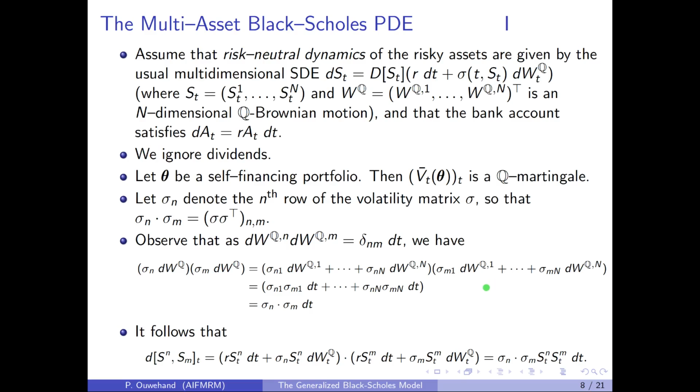It is then easy to see that what we obtain is just the dot product of sigma_n with sigma_m, in other words, the nm component of sigma times sigma transpose. Thus, if we compute the covariation of the nth asset with the mth asset, we obtain the following. As usual, the dt terms, being finite variation processes, will contribute nothing to the covariation, and hence we're just left with sigma_n S_n times sigma_m S_m dt, as shown.